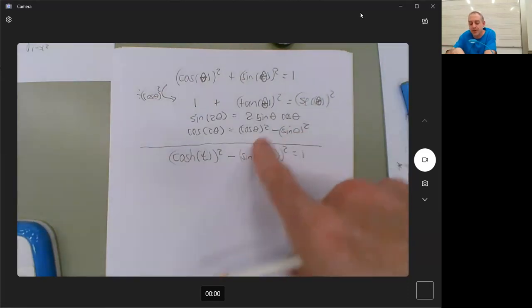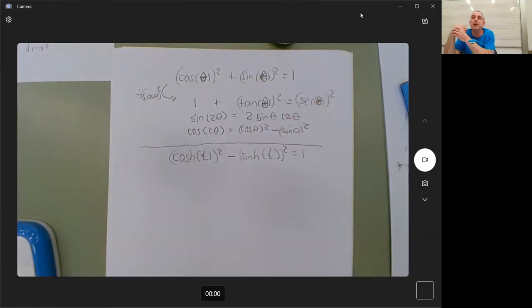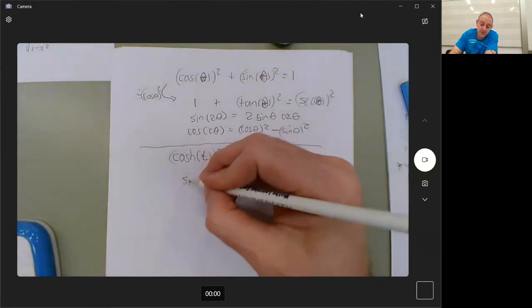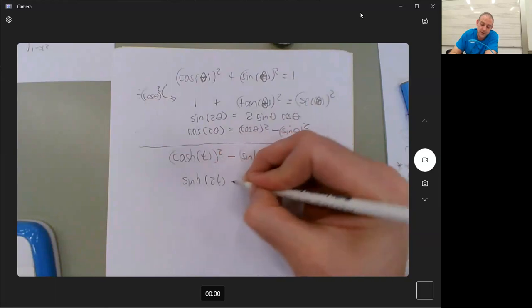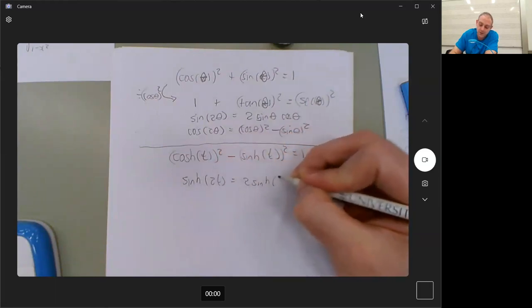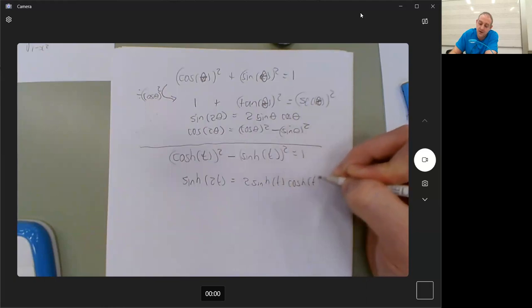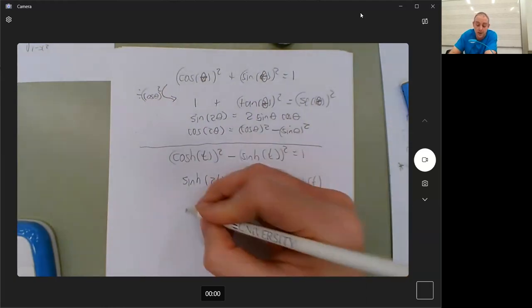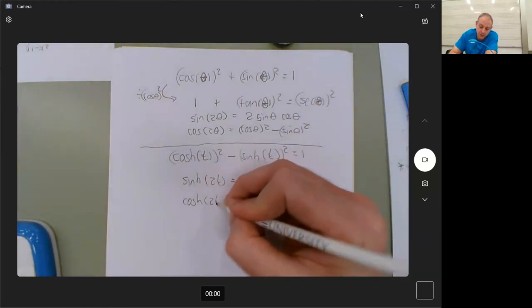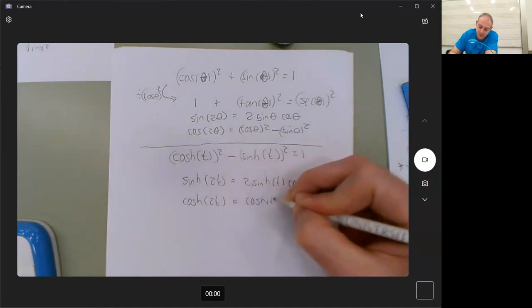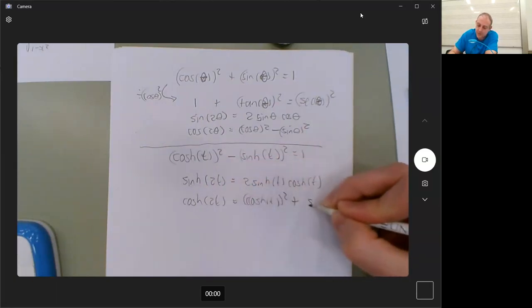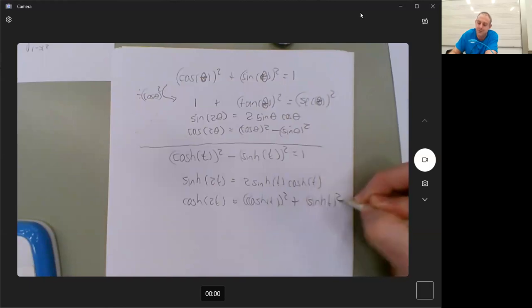Yes, I mean, you can replace the cos squared with a 1 minus sine squared, and you can replace the sine squared with a 1 minus cos squared and get the other two versions of that. They are very important trig identities. The hyperbolic trig identities are that sine of 2t is 2 sine t cos t, exactly the same as the traditional one, and cos of 2t is cos t squared plus sine t squared.